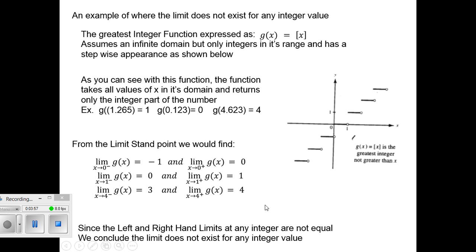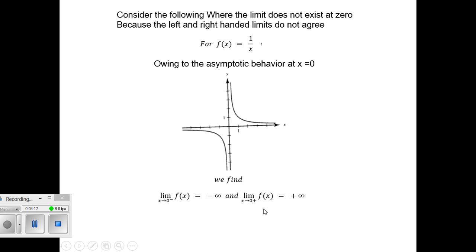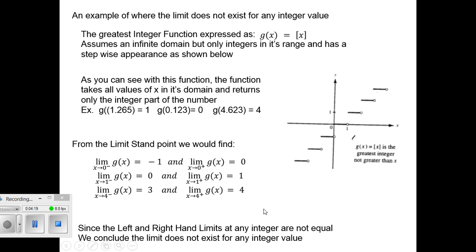So at every integer value, the limit does not exist because approaching it from the left and from the right do not agree. Since the left and right hand limits at any integer are not equal, we conclude the limit does not exist at any integer value.